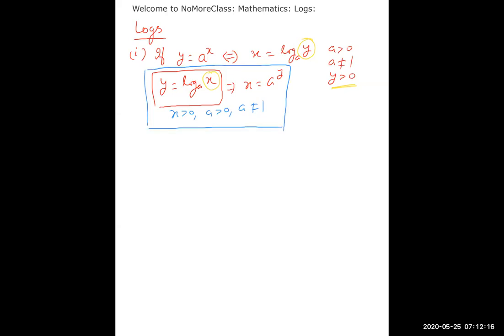So based on this, I'm giving 2-3 problems for you to solve. Write in log form. First is 25 is equal to 5 square. Second, 11.18 is equal to 5 raised to power 1.5.